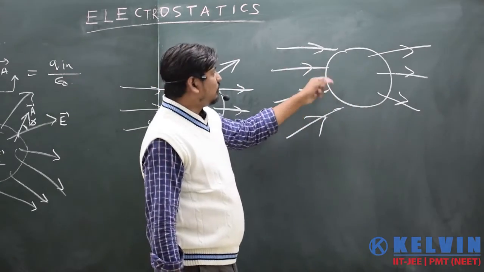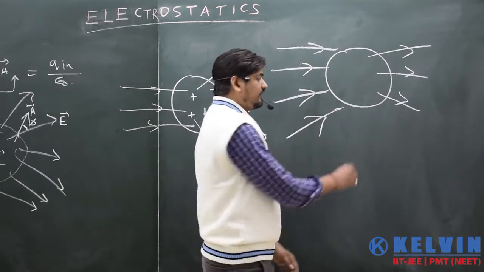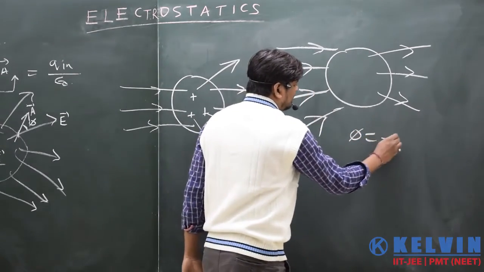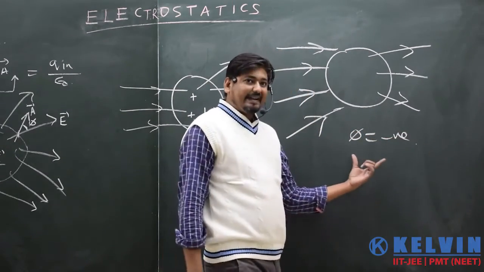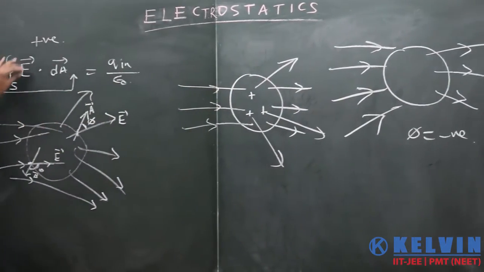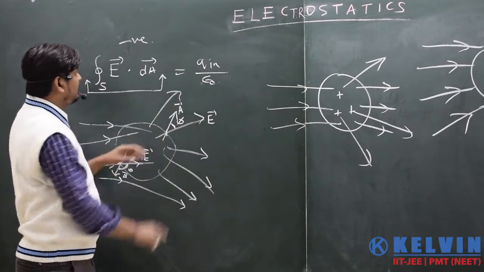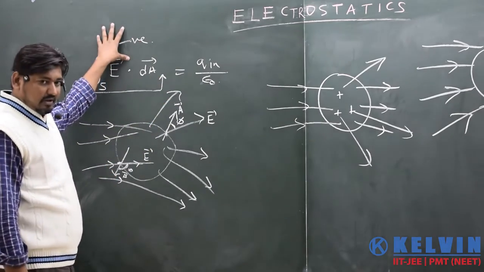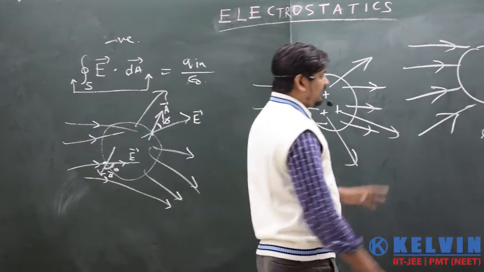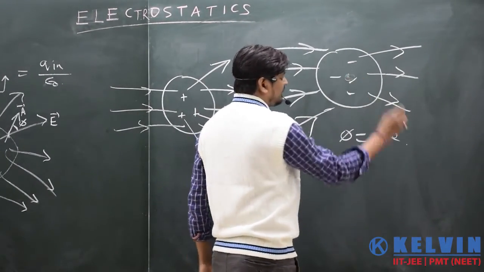Obviously the overall flux associated with this surface will be negative flux. So negative flux means, from this equation, when you transfer epsilon naught, Q inside will be negative. So when Q inside is negative, that means the charge enclosed is negative charge.